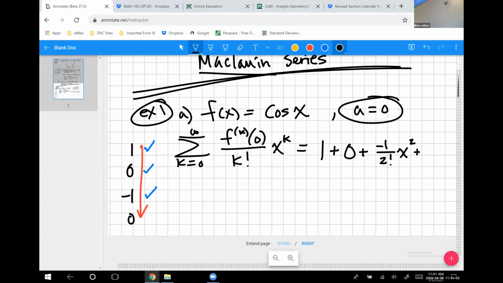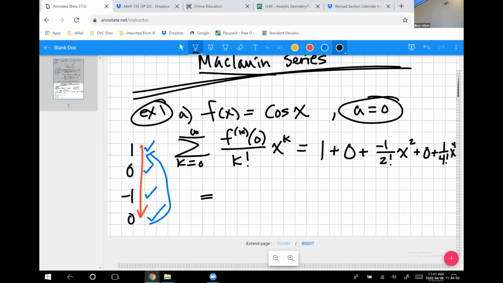Then when I get to the third derivative, I'm down to here where I get a 0 again, so I don't really care about the rest. Then when I get the fourth derivative, I go back to where I started and I'm back to where the 1 is. So the top of my fraction is a 1 over 4 factorial times x to the 4th, etc.